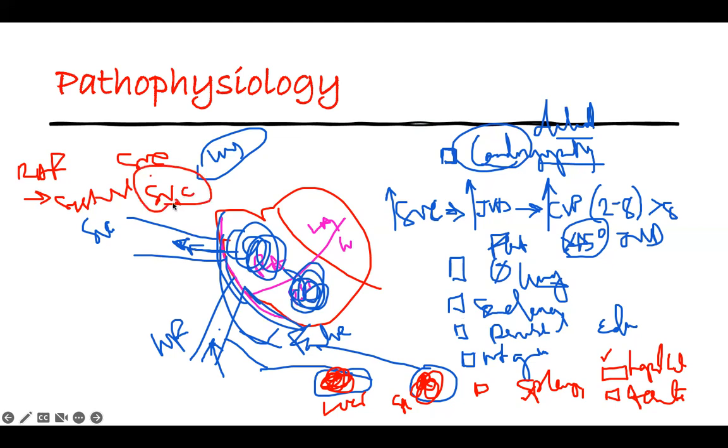Systemic vascular congestion is the same as right-sided failure. And so that's why all the things the patient has are systemic: edema of the leg, face, weight gain, JVD, and a CVP greater than 8. So that's what you see in right-sided heart failure.